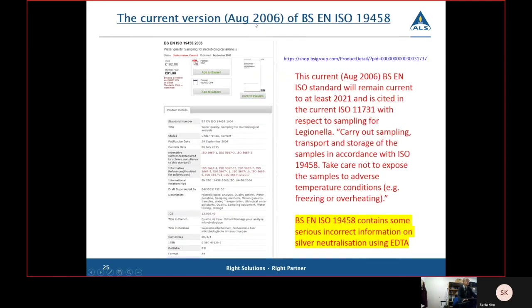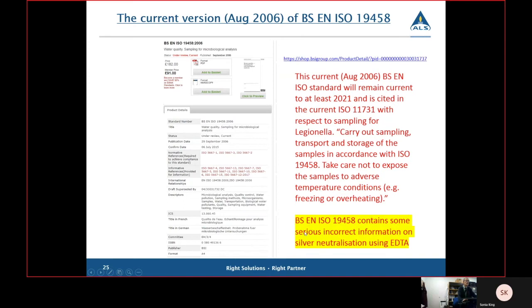Also, now we've got the current version of the standard, water quality sampling for microbiological analysis. This is the BS EN ISO 19458:2006. It is still current. It is actually being examined at the moment, but it will not be changed till at least somewhere in 2021.